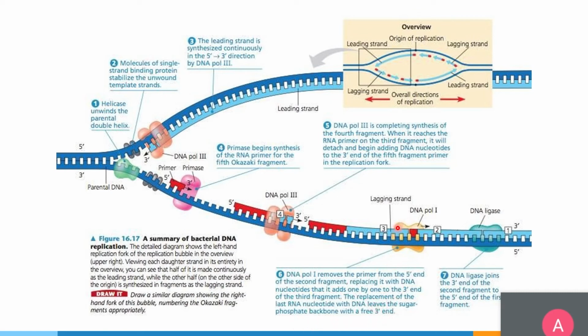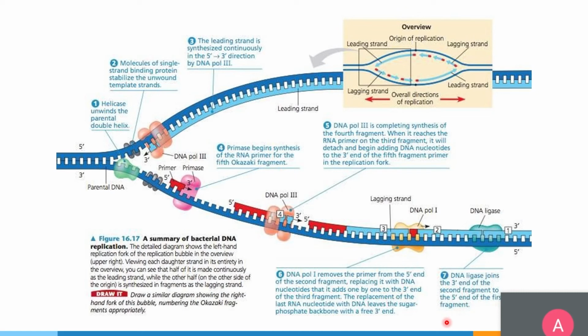end. So right here in this portion, these two ends will not be ligated when the RNA is removed and DNA nucleotide is introduced. This portion needs to be ligated using the enzyme DNA ligase, and hence DNA ligase joins the 3' end of the second fragment to the 5' end of the first fragment.